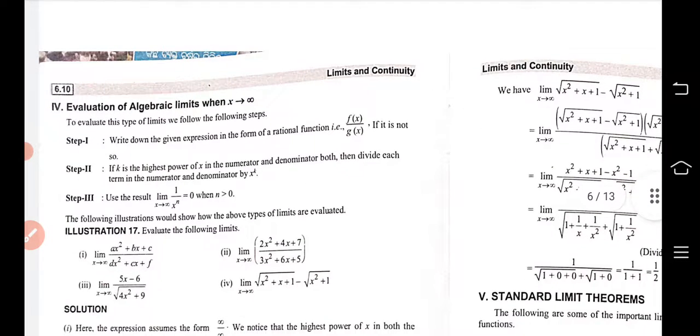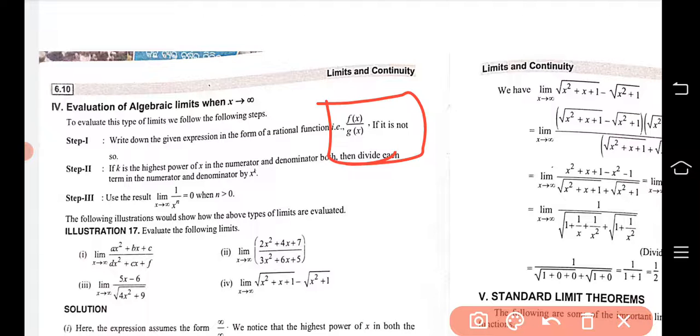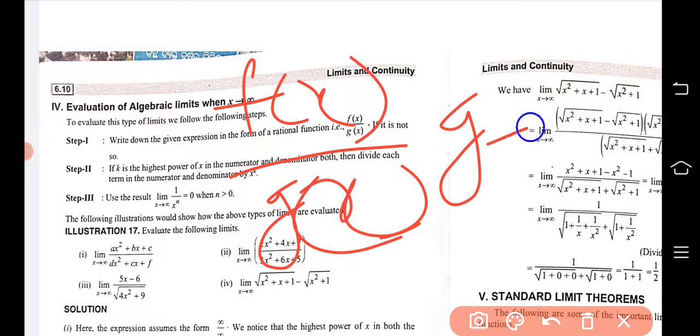So dear friends, let's calculate the limit of a problem where x tends to infinity. There are 3 steps to calculate such a problem, and you must keep them in mind. The first step is to write down the given expression in the form of a rational function, f(x) over g(x), where g(x) should not be equal to 0.